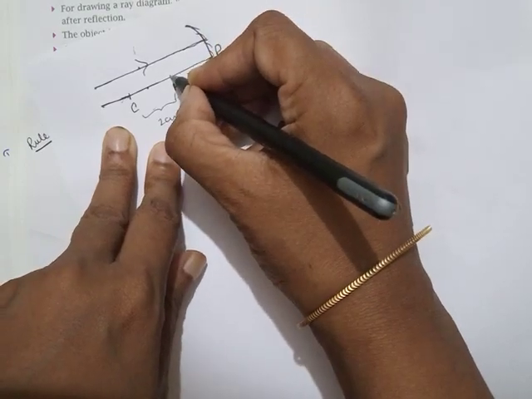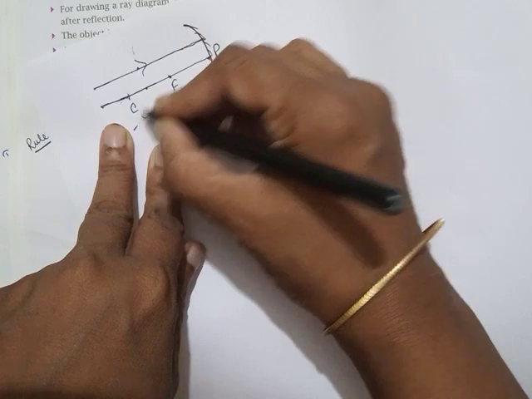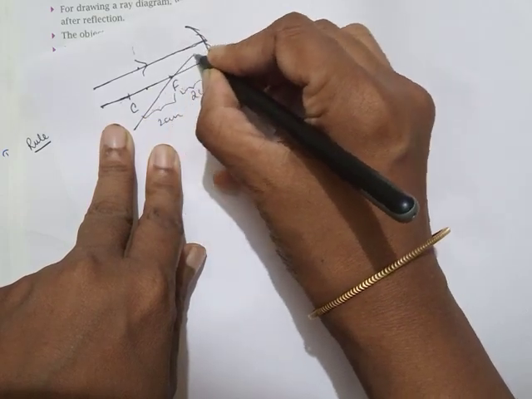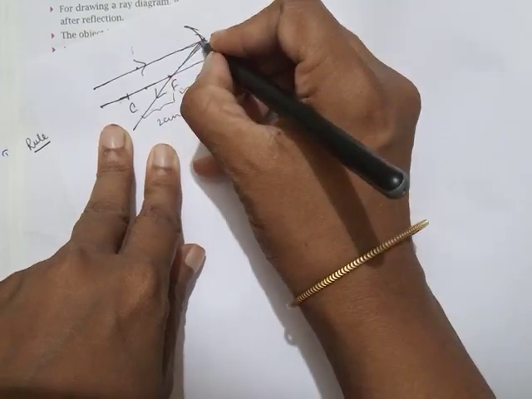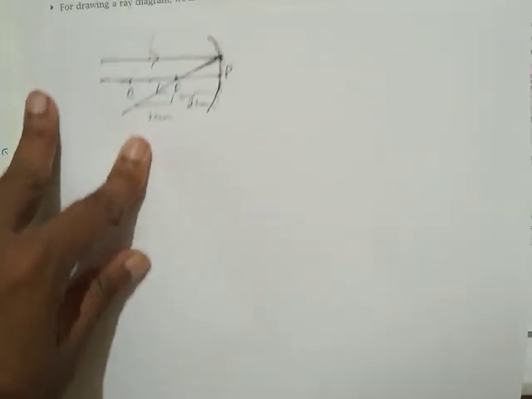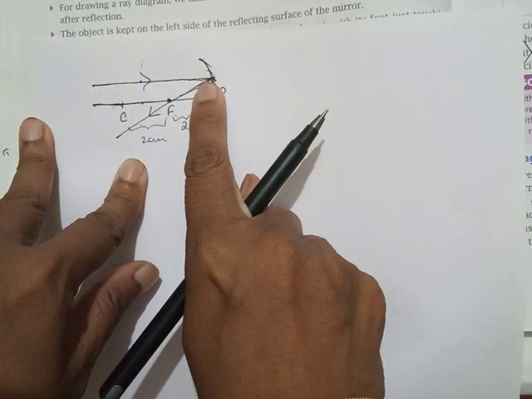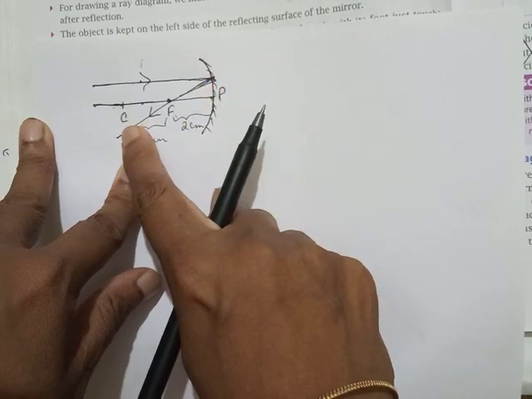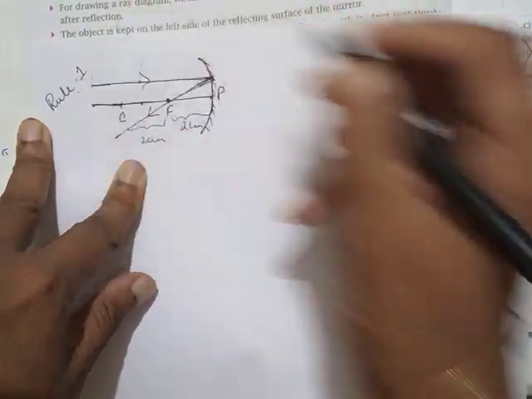It will get reflected in such a way that the reflected ray will pass through the focus. The reflected ray, from this point, the ray that gets reflected, has to definitely go through focus. I hope you understood this, children. A ray passing parallel to principal axis after reflection passes through focus. That is rule 1.